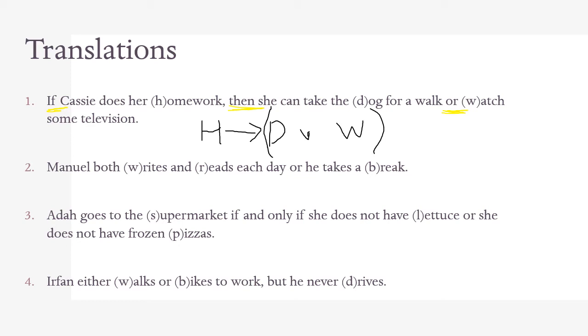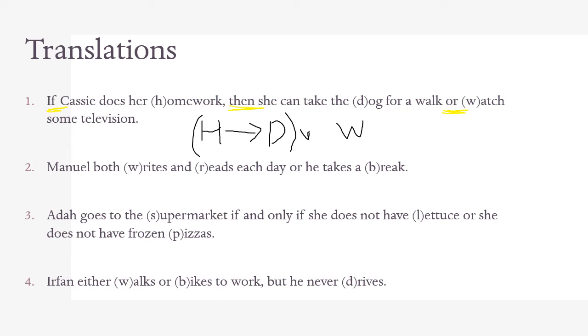Now, if we would have written it the other way, let's say we get rid of these parentheses I just put in there and put it this way, what this sentence is saying is that if Cassie does her homework, then she'll walk the dog, or she just watches television and she doesn't worry about doing her homework or walking the dog.